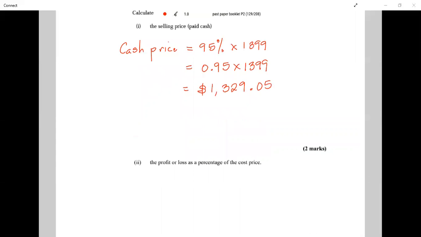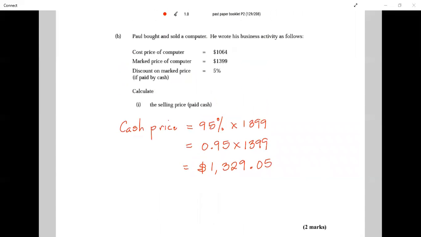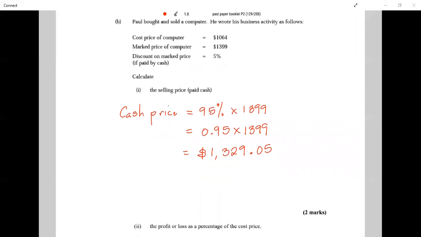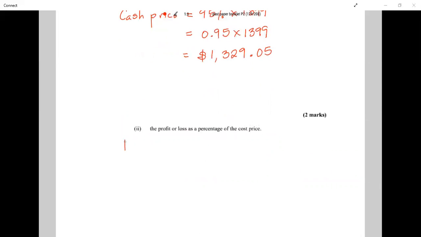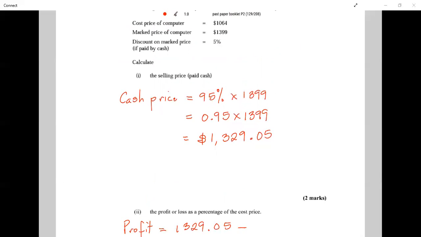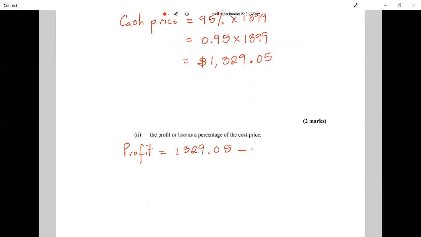Now it says the profit or loss as a percentage of the cost price. Even though he gave a 5% discount on the mark price, he still made a profit. All right, so let's work out what the profit is. The profit would be the $1,329.05 minus the cost, which is $1,064.